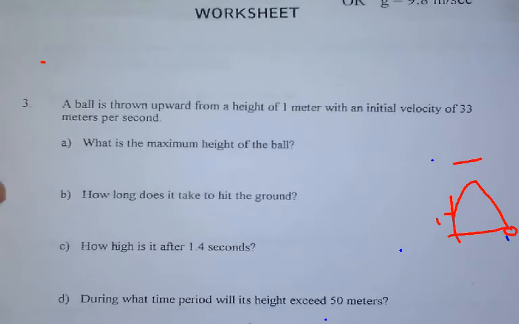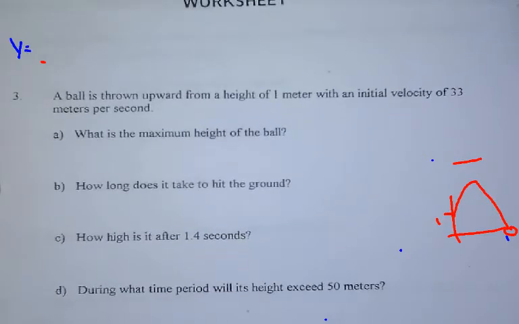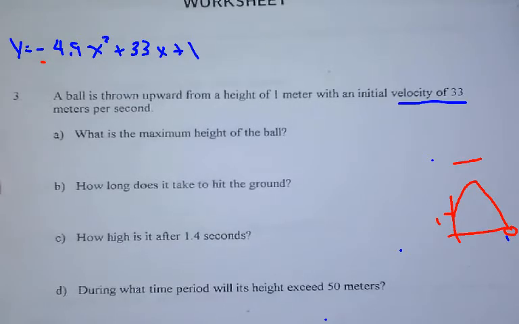So we know the equation. I'm going to go with blue again. So y equals negative 4.9. Where'd that come from? Remember, that's half of gravity when you measure in meters. Plus 33, that's the velocity, it says so right there, 33x plus 1. So maximum height, that's the vertex.